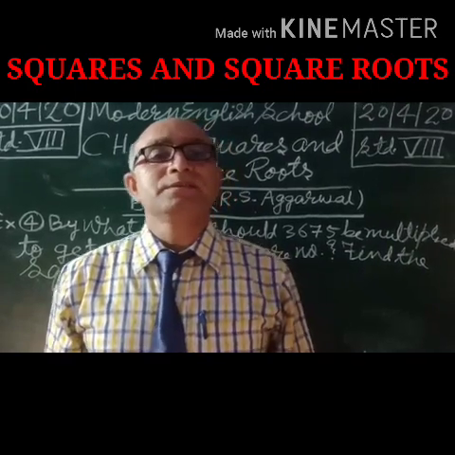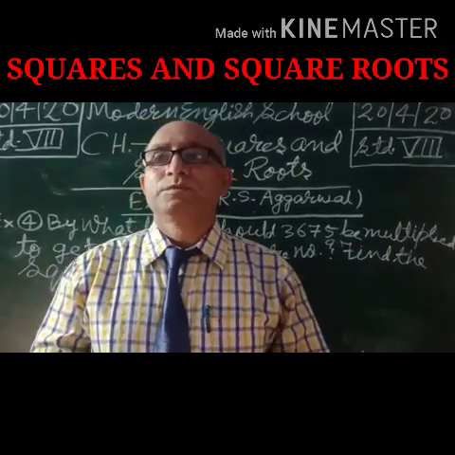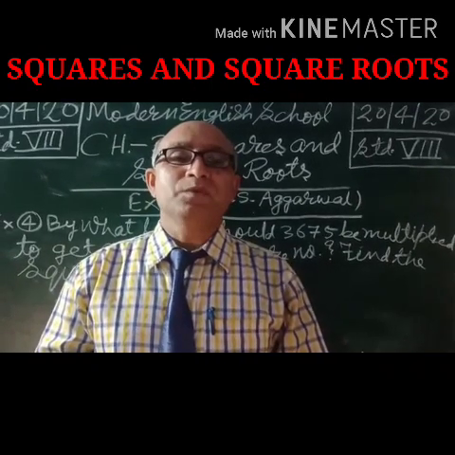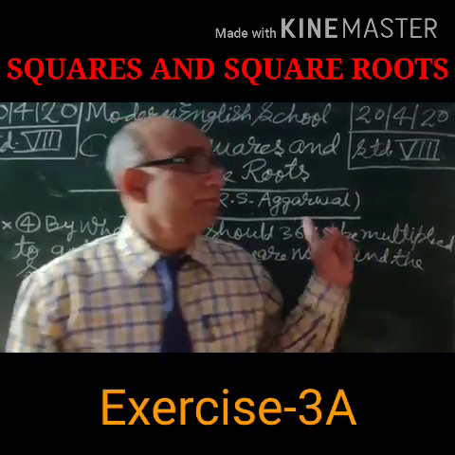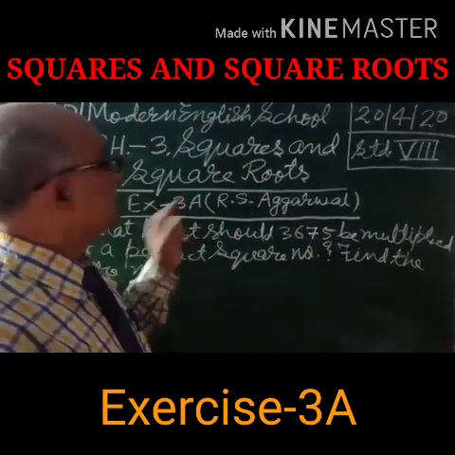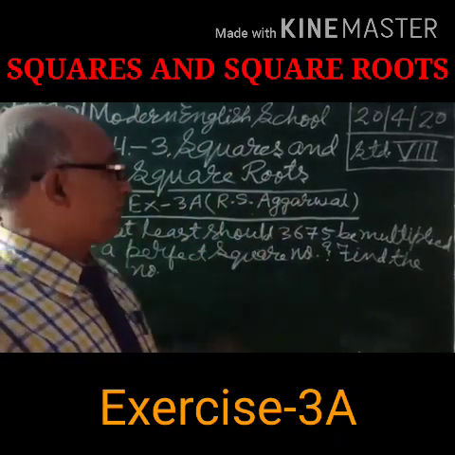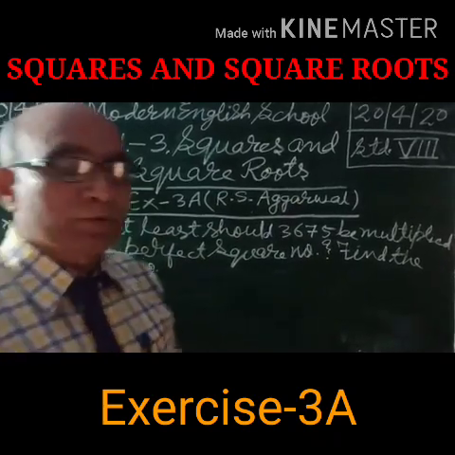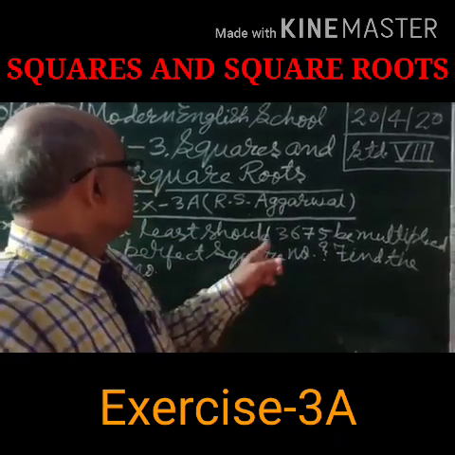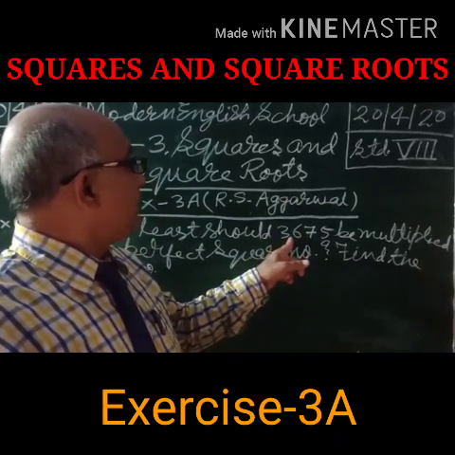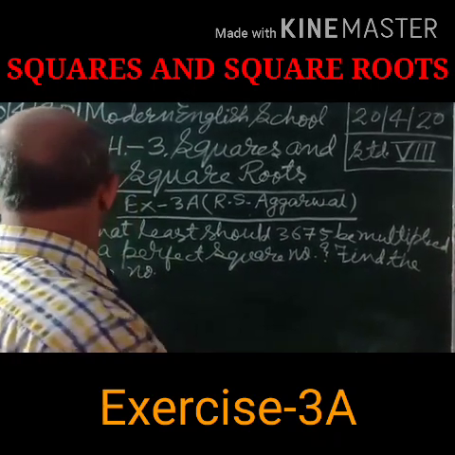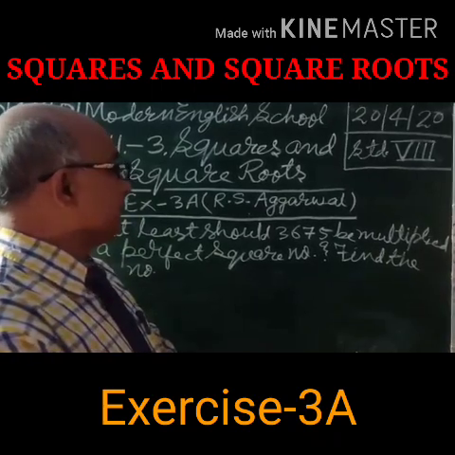My dear students, continue chapter 3, Squares and Square Roots. Exercise 3A of the R.S. Aggarwal book. Example 4: By what least number should 3675 be multiplied to get a perfect square number?